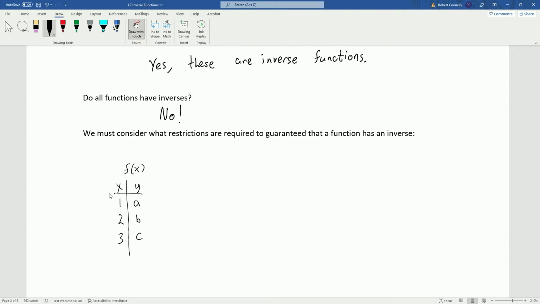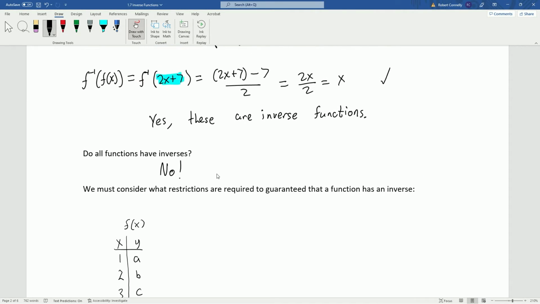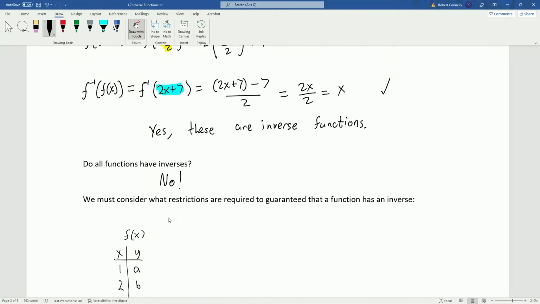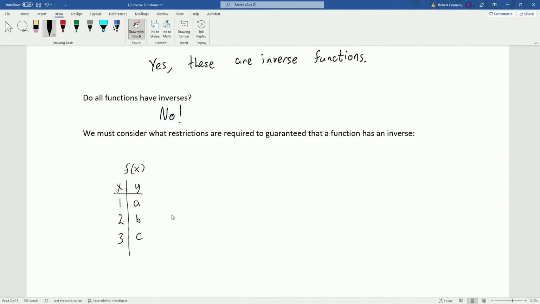So let's think about what's happening, what else we can determine based on this definition of an inverse function that we're using here. Well, we know that f inverse of f of x should always be equal to x.